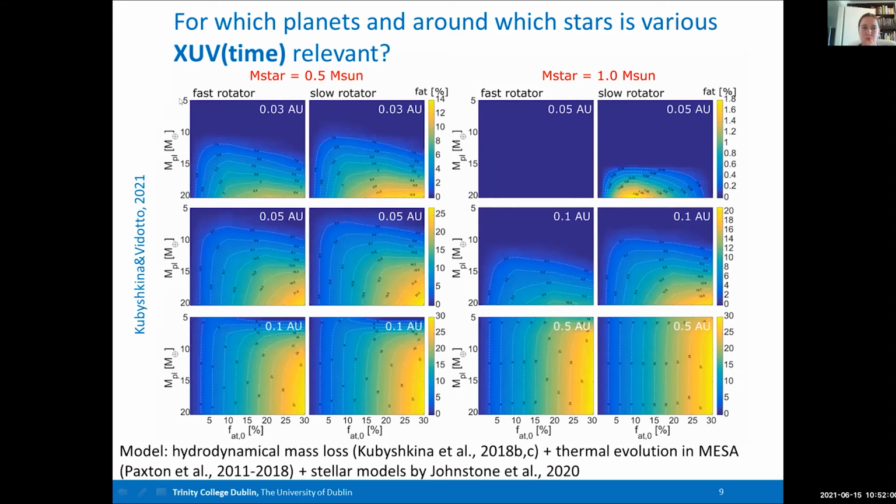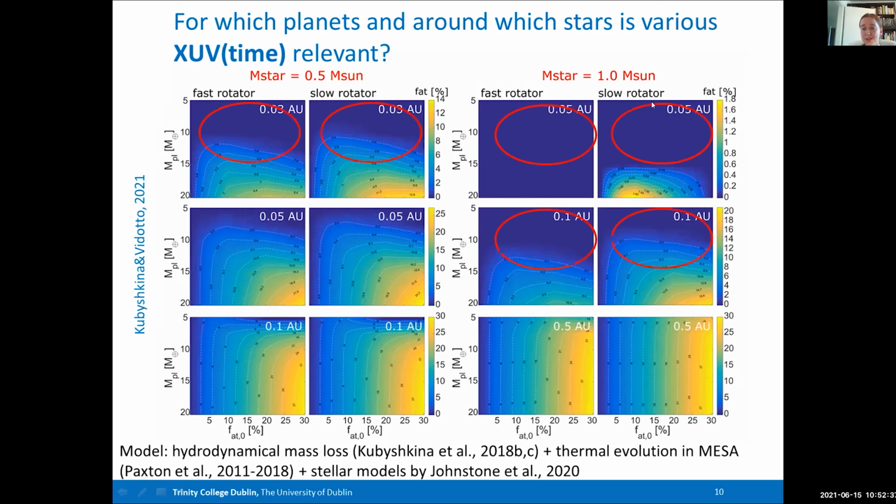We considered planets from 5 on the top to 20 Earth masses on the bottom, starting their evolution with initial atmospheric mass fraction between fractions of a percent and 30%. One can see that indeed the uncertainty in the stellar evolution history is more relevant for the heavy star and also only for planets in close-in orbits, where it makes more sense to speak about the border equilibrium temperature rather than the specific distance. And this border value would be around 500 K.